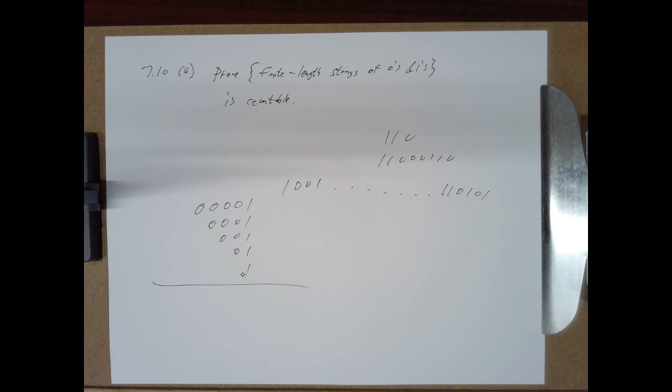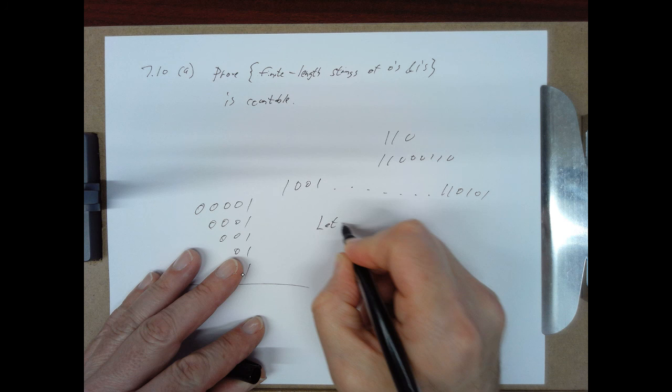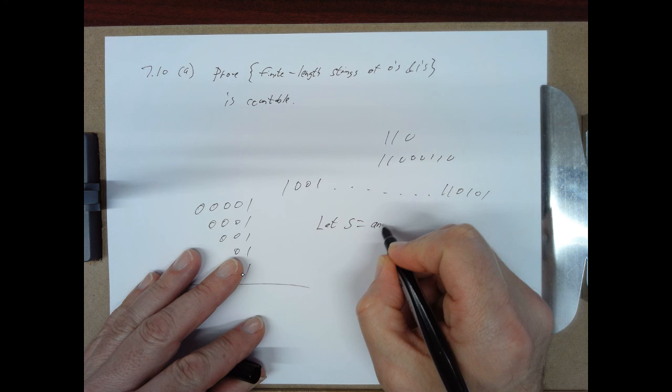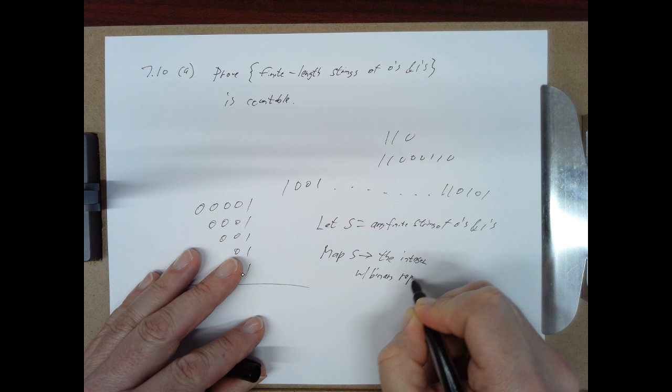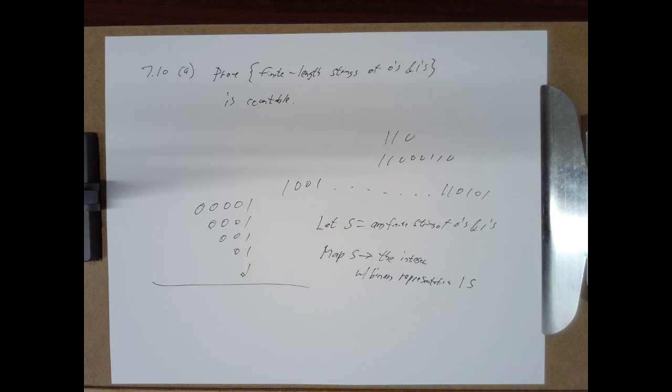So let S be any finite string of zeros and ones. Map S to the integer with binary representation 1 followed by S. So tack a 1 onto the far left side.